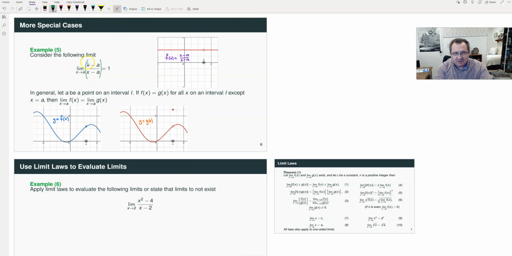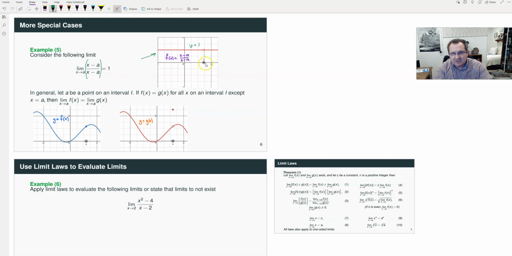One special case is given by this very special formula. We are looking for a limit as x is approaching a of the following fraction, x minus a divided by x minus a. We can graph that fraction, and what we will see, the graph will look like a horizontal line, y equals 1, except one point.